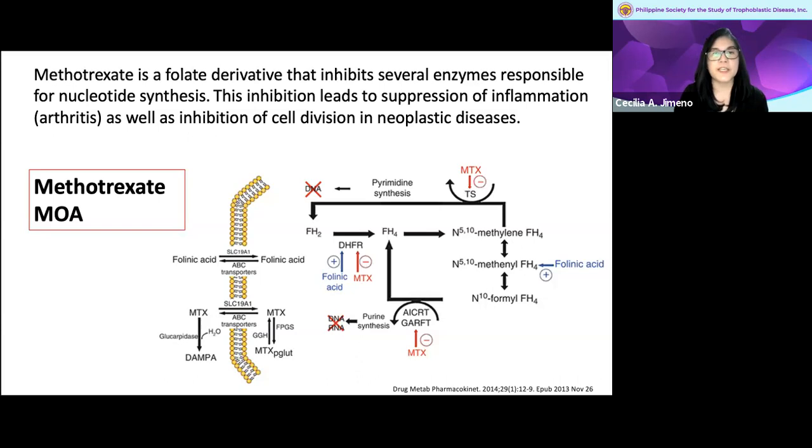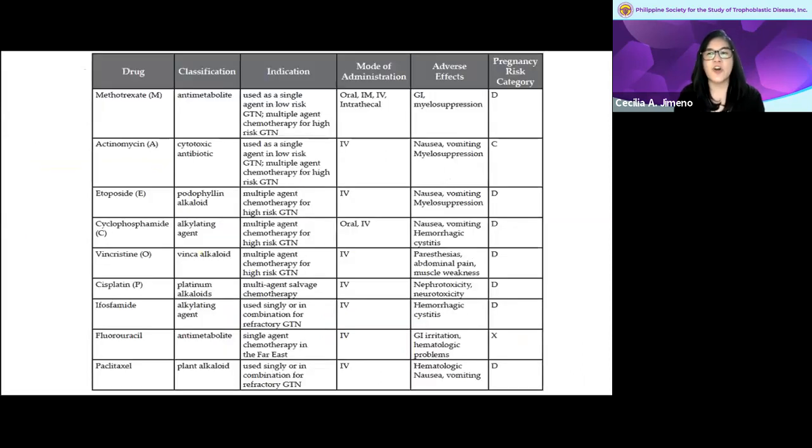You know that methotrexate is a folate derivative that inhibits several enzymes responsible for nucleotide synthesis. This leads to suppression of inflammation as well as inhibition of cell division in neoplastic diseases. So there is no production of DNA and RNA, arresting the production of tumor cells. However, the unintended targets of this mechanism of action are also the other rapidly dividing cells, such as the blood cells.